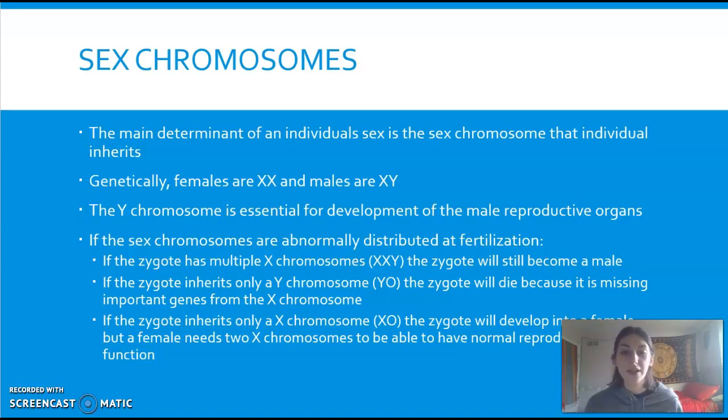If the zygote only inherits a Y chromosome, which would be YO, the zygote will die because it's missing important genes that are provided by the X chromosome. If the zygote inherits only an X chromosome and is XO, the zygote will develop into a female, but in order to survive, the female needs two X chromosomes to be able to have normal reproductive function.